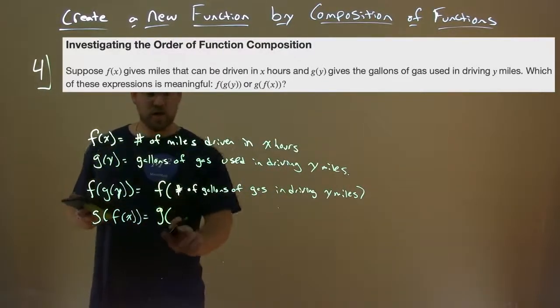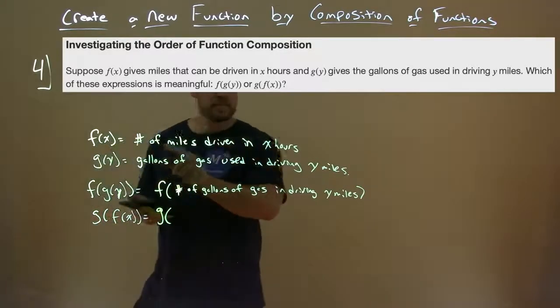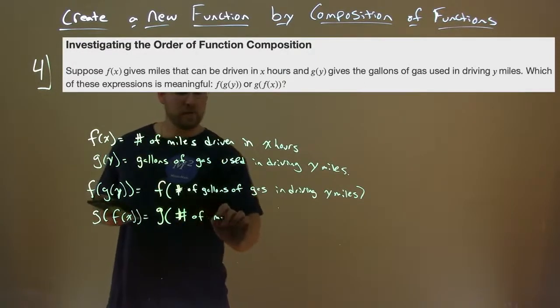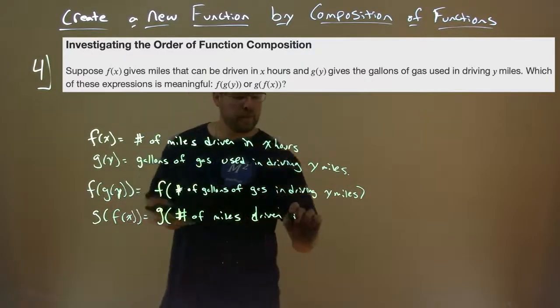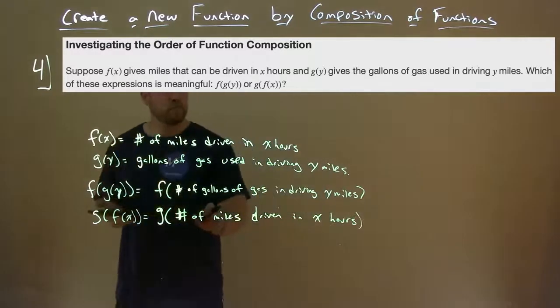What is the output of f of x? Well, the output of f of x is a number of miles, the number of miles driven in x hours.